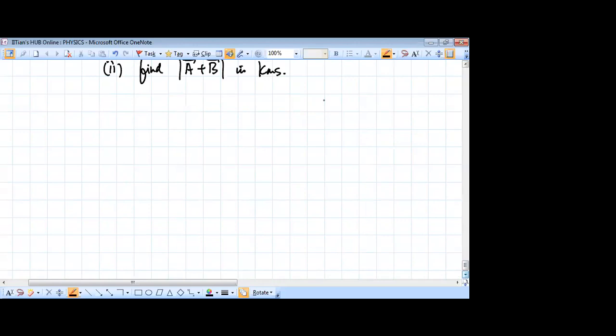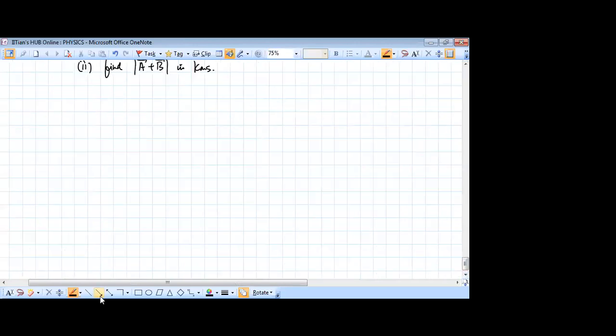Okay. So let me start by drawing the diagram. I can represent the first vector, let's say 20 units, suppose towards the west. So 20 kilometers towards west. So that is my vector E. Now my vector B will be in which direction?